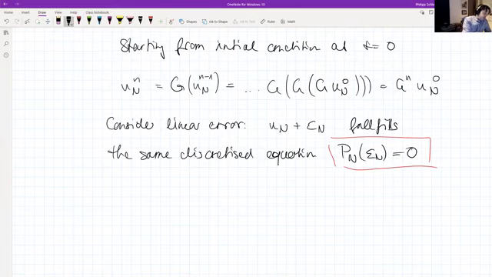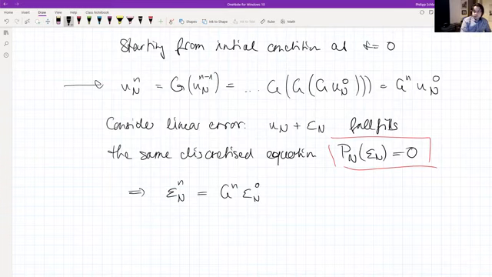And of course, by virtue of this equation here, which gives me un at time n, I get the same result for epsilon n at time n, which is just g to the power of n times epsilon n0. So an additive error that I had in the initial condition would just propagate through the whole thing in exactly the same way.